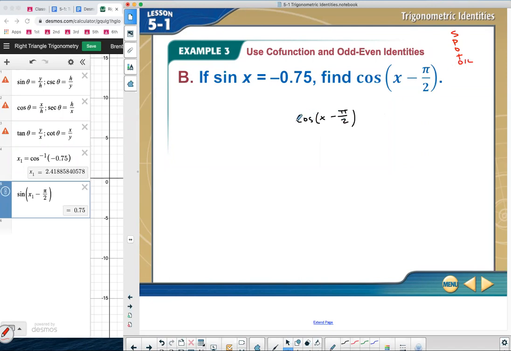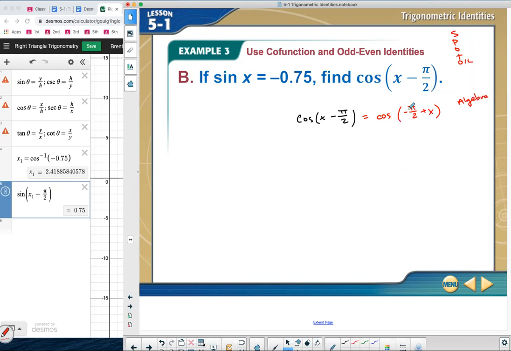This is a cofunction one, where pi over 2 is supposed to be in the front. So I would reorder first off. So I'm going to have a negative pi over 2 plus an x. And you'll get this down. It just takes a little practice, more than one day's worth of practice. That is algebra. I just reordered. That's all I did.